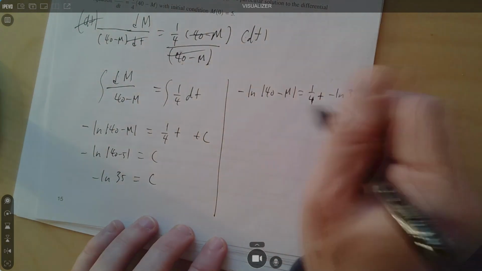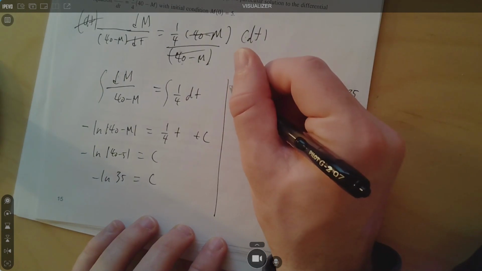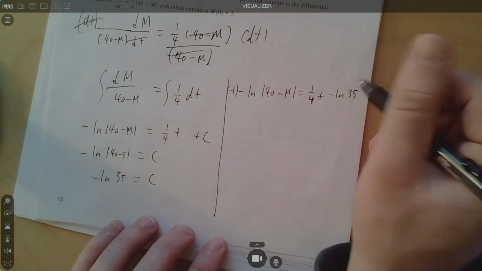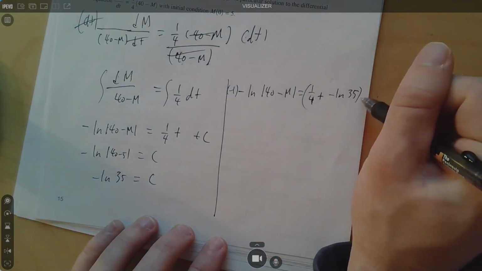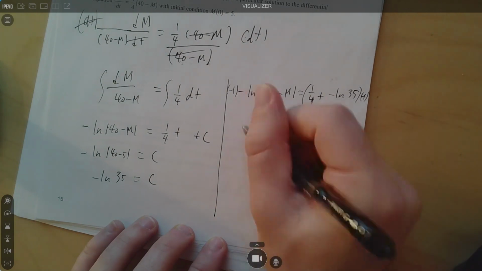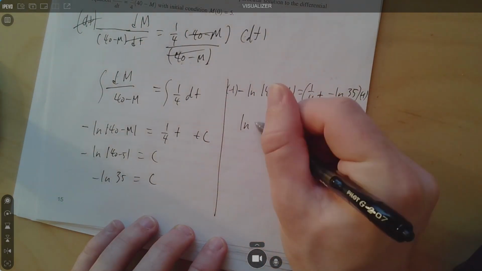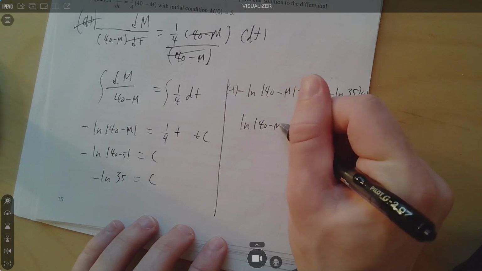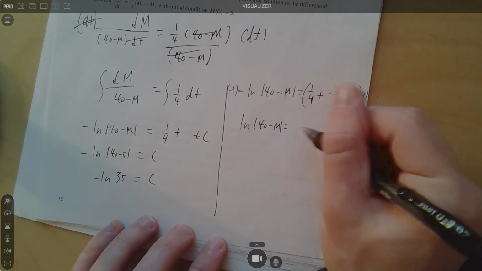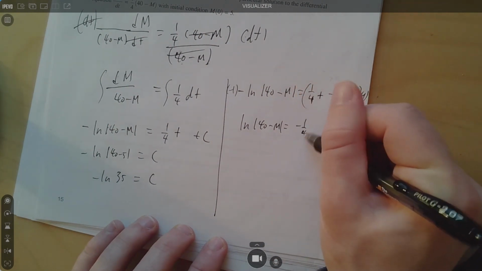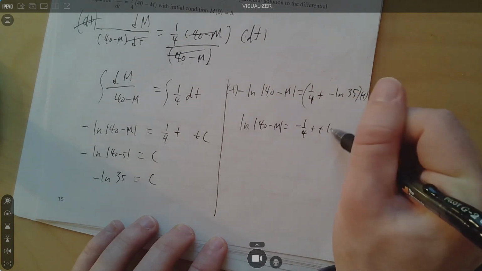We're going to move that negative over. So we're going to multiply both sides by -1 right now. So now I'm just going to write again, ln of 40 minus m equals -1/4 t plus ln 35.